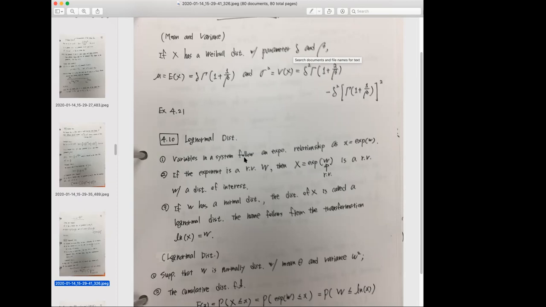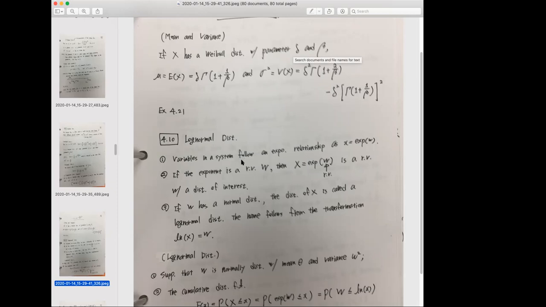In the Lognormal distribution, the random variable x is expressed as the exponential of another random variable, and that other random variable has a normal distribution.